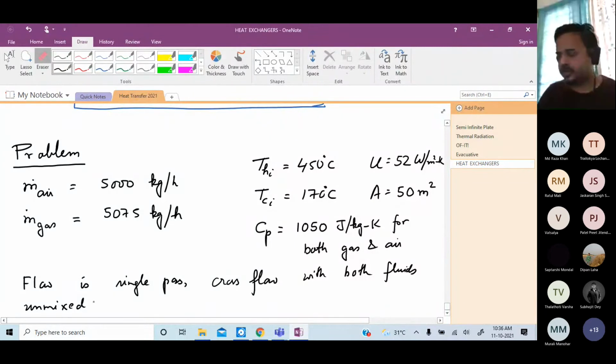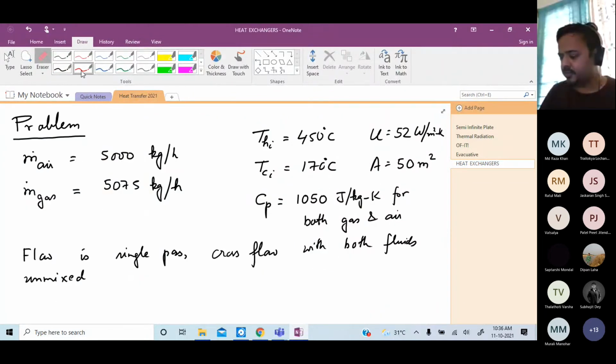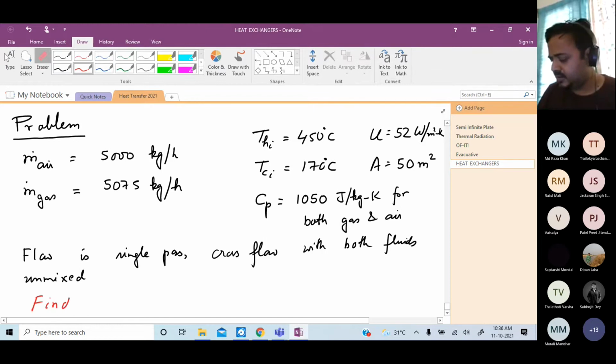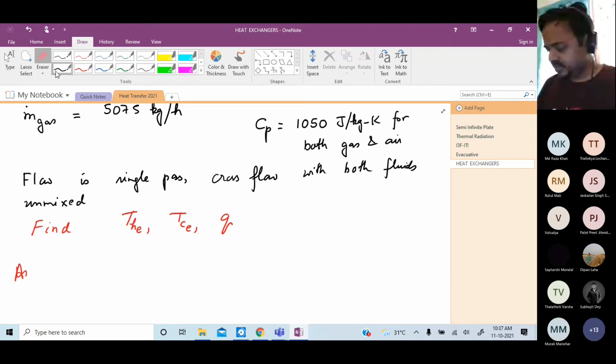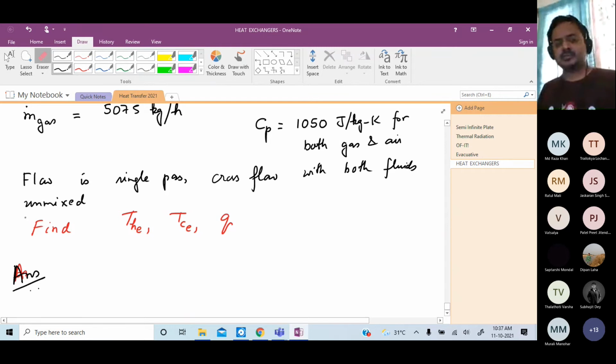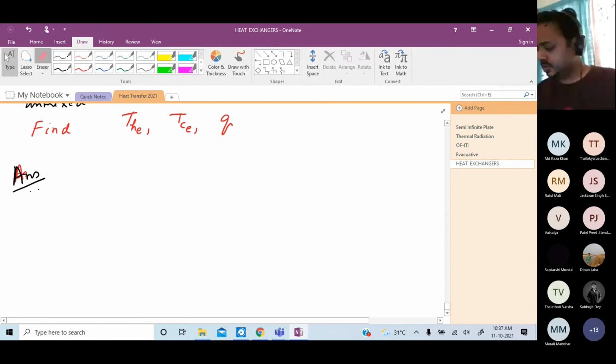What we have to do is find THE, TCE, and Q. So can we do this? I think we can. Let's try. Solution rather.